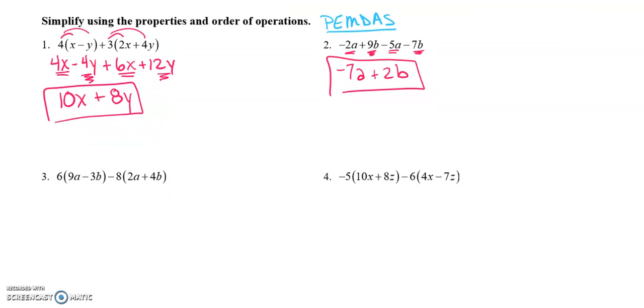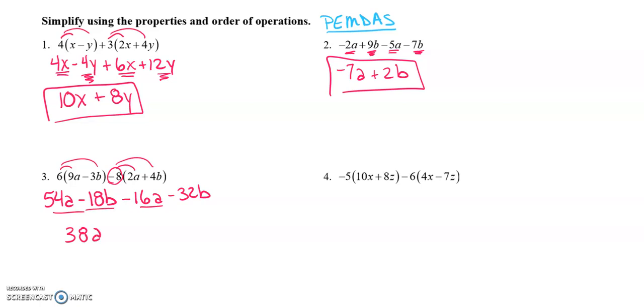Next one, running out of time. Distribute. We've got 54a minus 18b. Be real careful. We're going to distribute again, but we're distributing that negative as well. Negative 16a minus 32b. Add your a stuff. What's that? 38a. Add your b stuff.